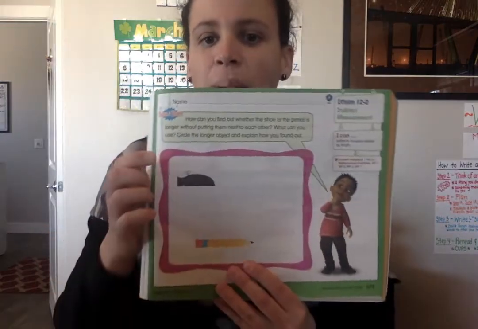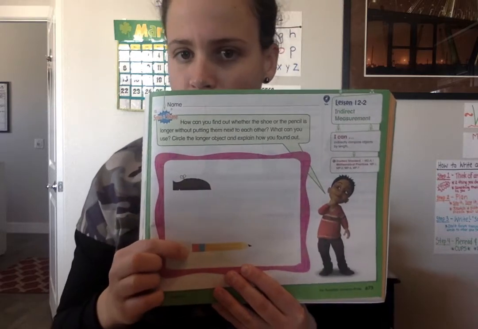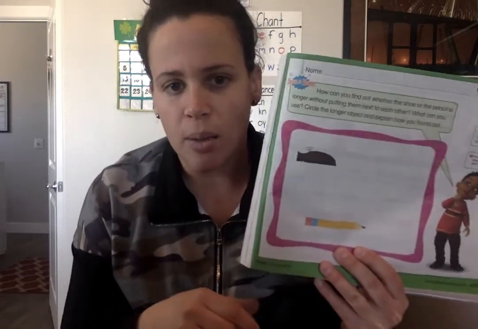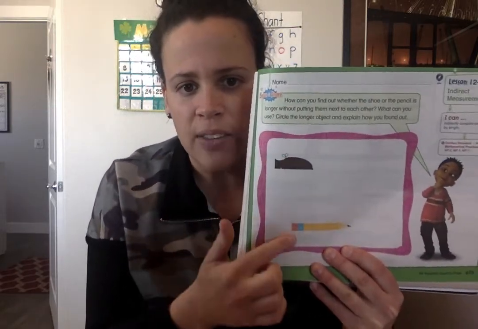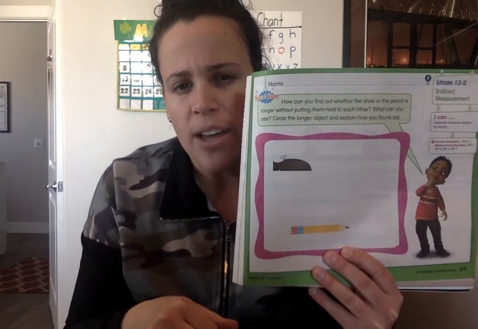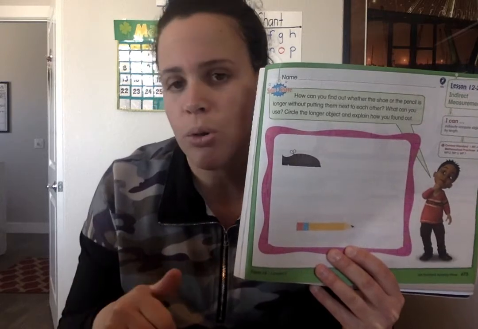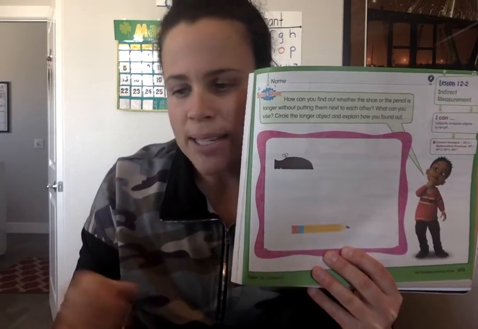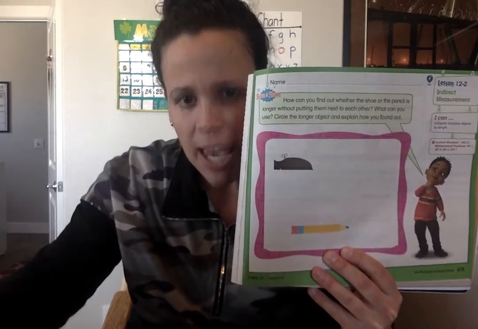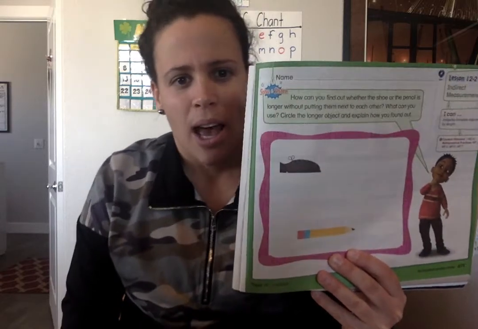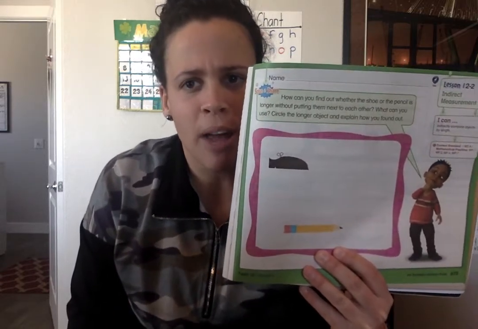So, we're talking about this shoe and this pencil. You can see they're not even lined up. Instead of just eyeballing it and going, oh, I think this is longer, what could you use? I want you to actually go and do this. What could you use around the house?